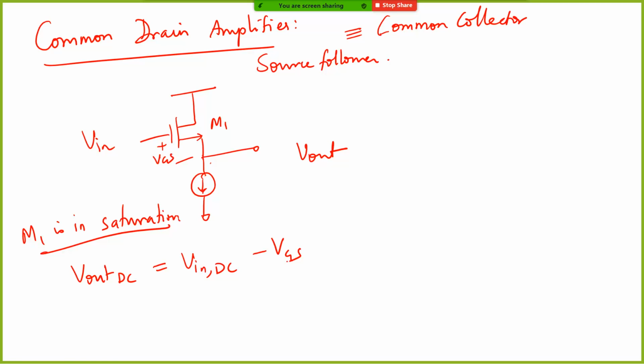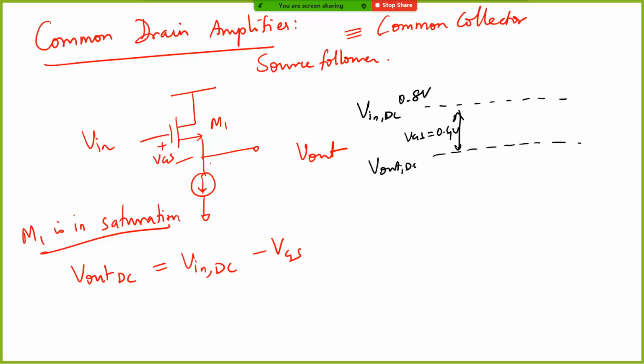So let's say this is V in DC, and VGS is this much. Let's say V in DC is 0.8 volt and you have a VGS of 0.4 volt. Now your V out DC will be at 0.4 volt. Correct.